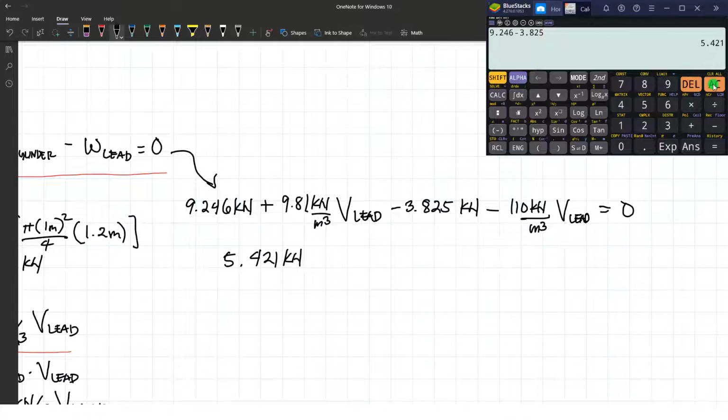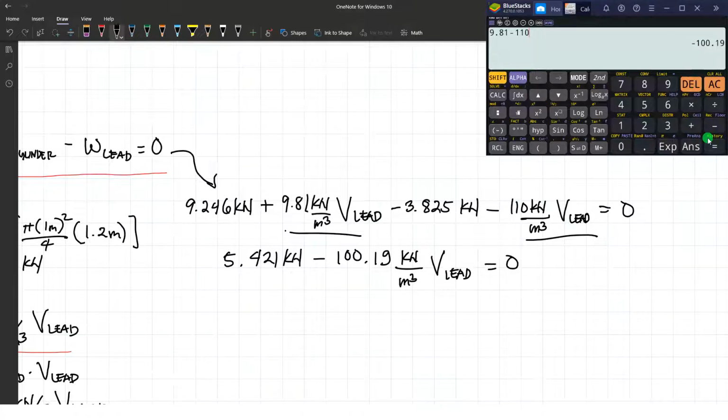And we have terms here with variable V. Let's add them. 9.81 subtracted by 110. Okay, that's negative 100.19 kilonewtons per cubic meter multiplied by V equals to 0.